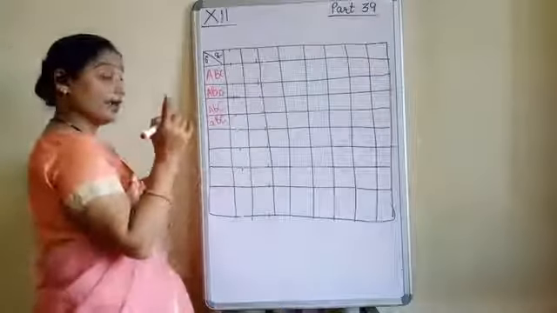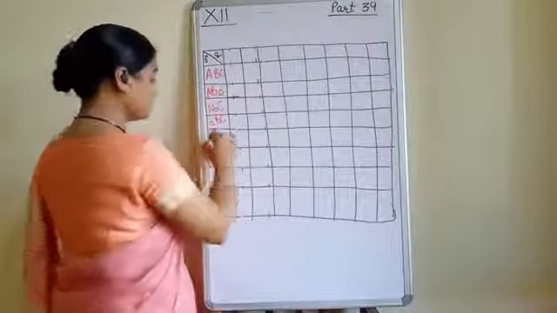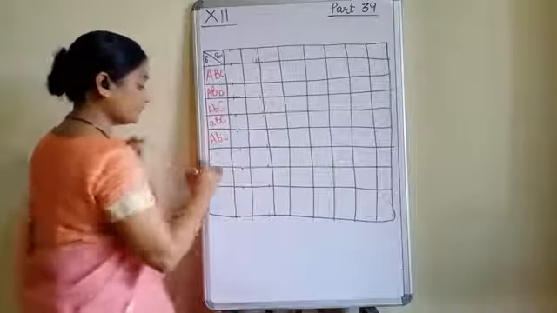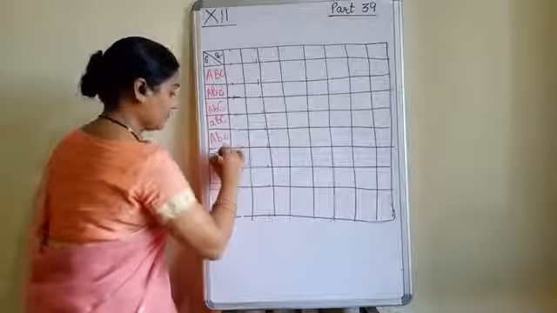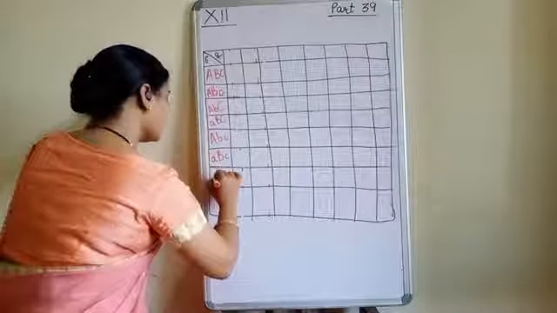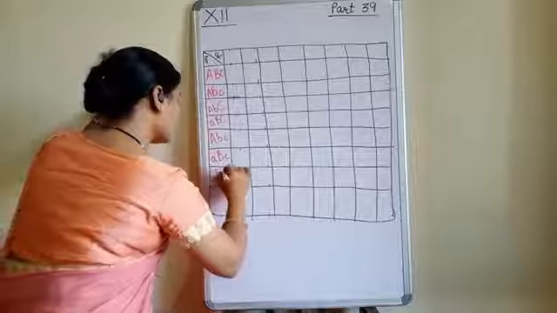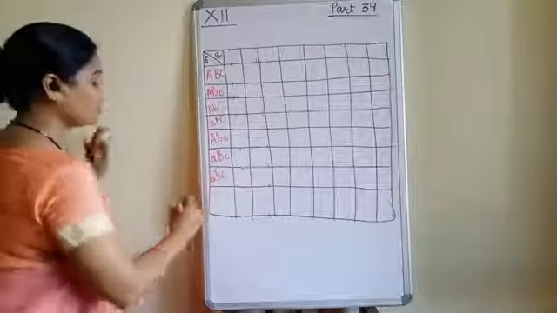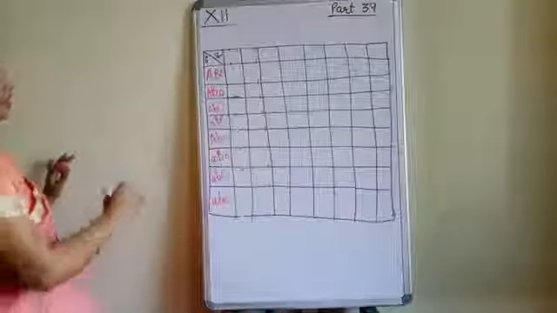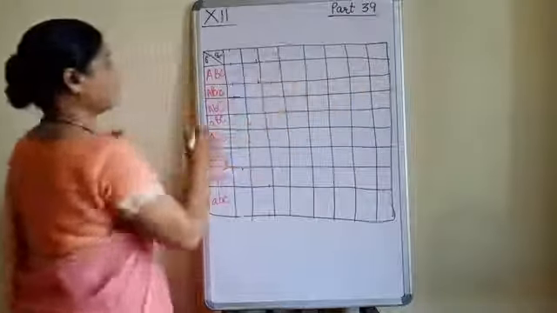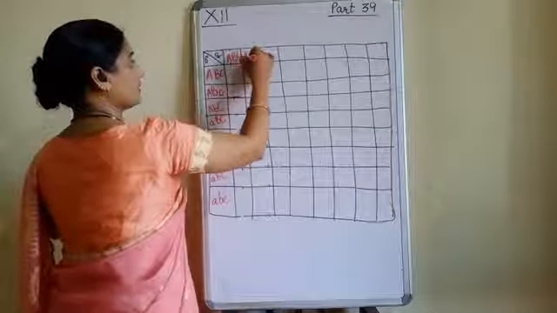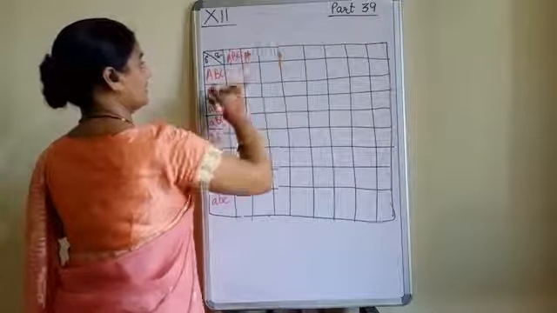Okay. Now we have to take 1 dominant, 2 recessive. 1 dominant, 2 recessive. 1 dominant, 2 recessive. And 1 dominant, 2 recessive here also. All the 3 as recessive. Here also I have to take the same. ABC, ABC.